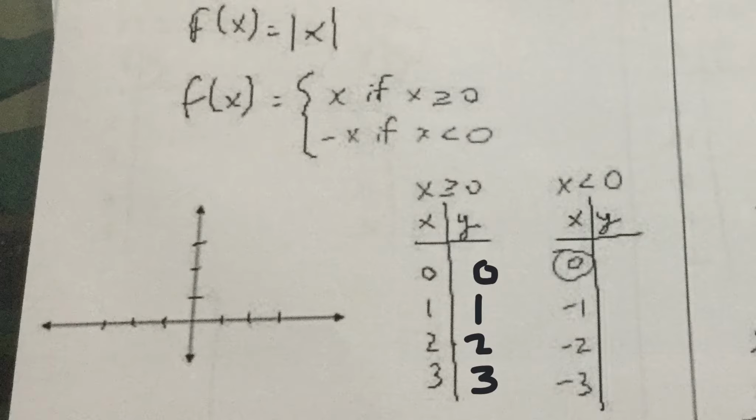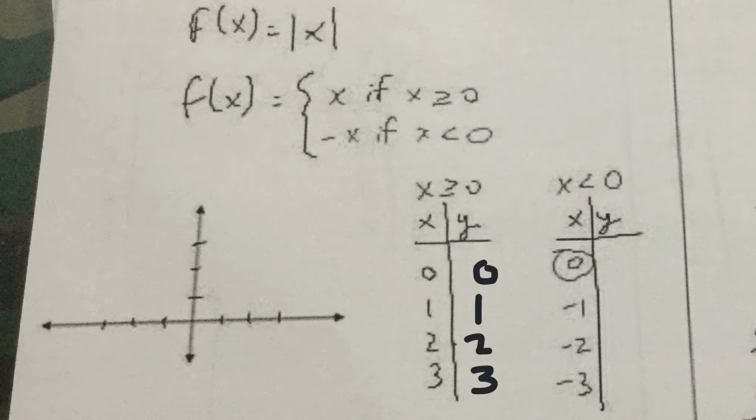Now we're looking for x's that are less than 0. So will 0 actually be included in that graph? Is 0 less than 0? No, it's not. So the point 0 does not actually count in this graph. But all the way up to 0 does count.